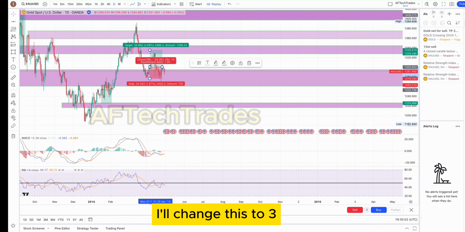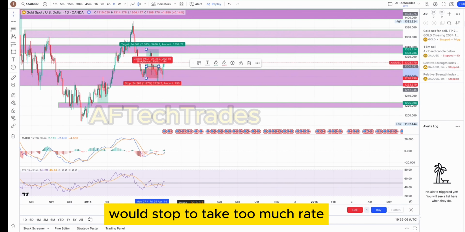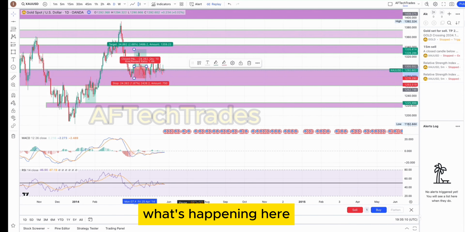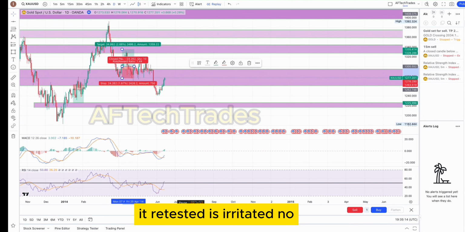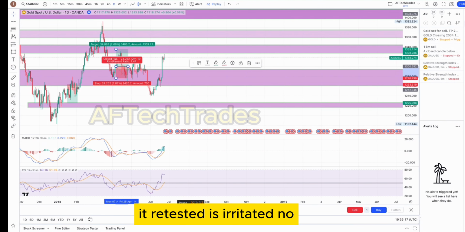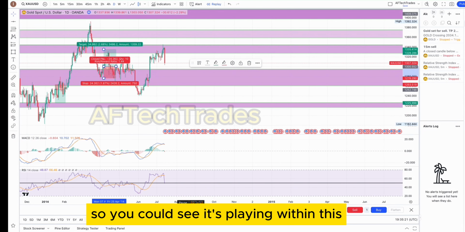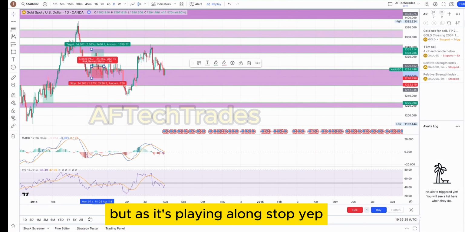Okay, I'll change this to 3. Towards the end, we would stop to take 2 more trades just to see the consolidation, what's happening here. Yes, it breaks it down. It retested. Is it retested? No, it's not retesting. So you could see it's playing within this.